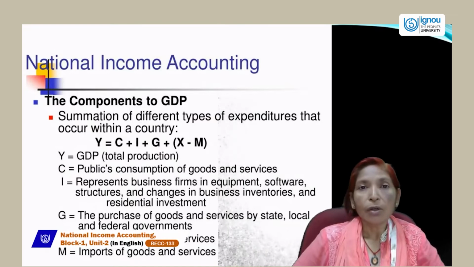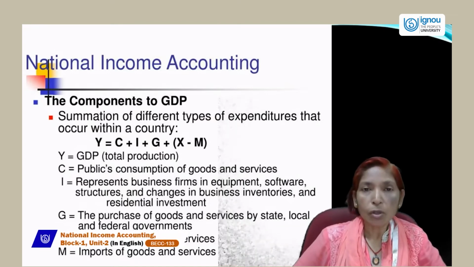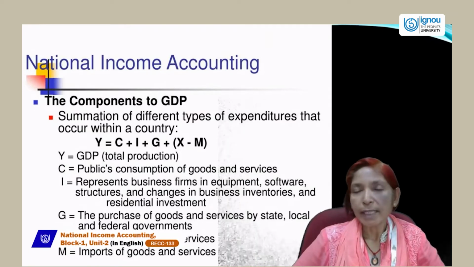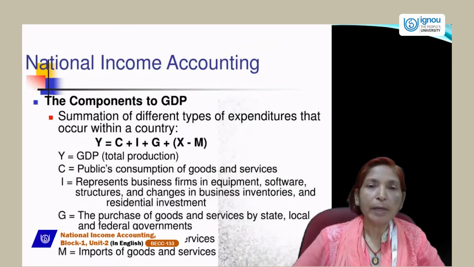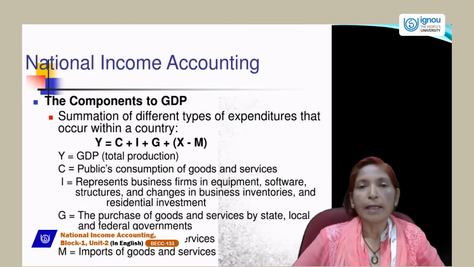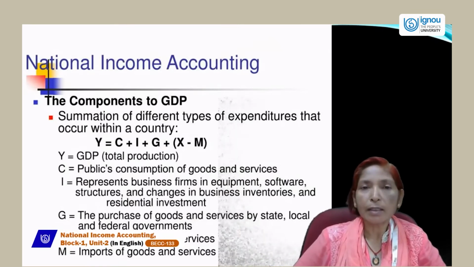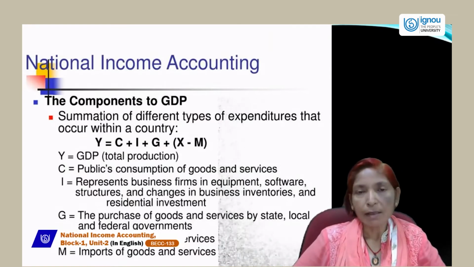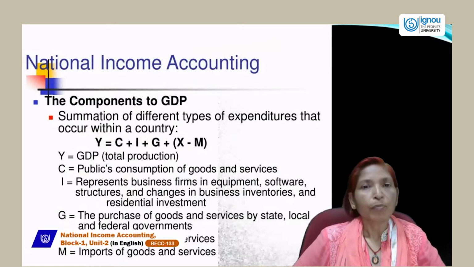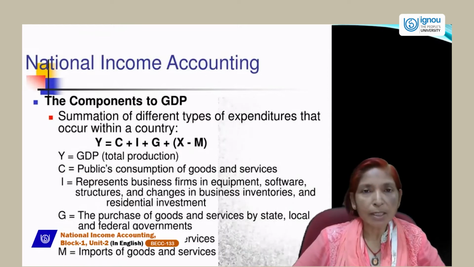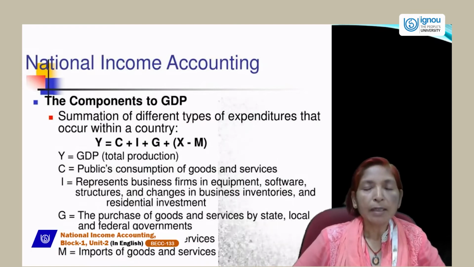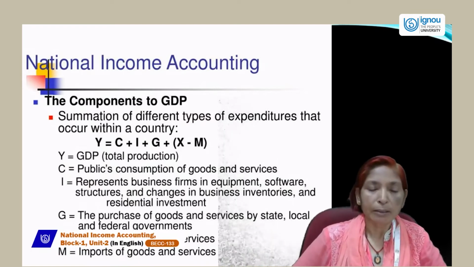Consumption expenditure is made by consumers or households, and investment expenditure is made by the firm sector. Government expenditure is made by the government sector, and exports minus imports is related to the rest of the world. So when these four sectors spend money on consumption, investment, government expenditure, or exports minus imports, then we can get GDP by the expenditure method.